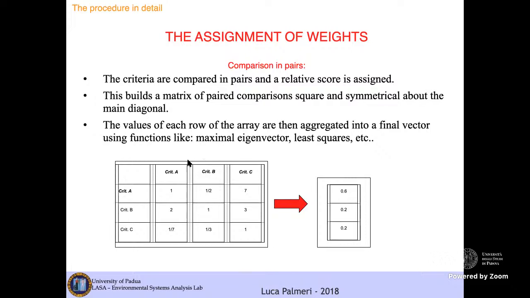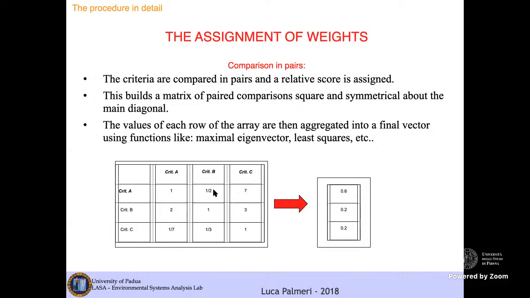We are weighting these criteria one against each other. Of course, criteria A is equivalent to criteria B. Criteria A is 1/2 of criteria B. Criteria A is 7 times criteria C. Of course, this matrix has some strict criteria of definition.